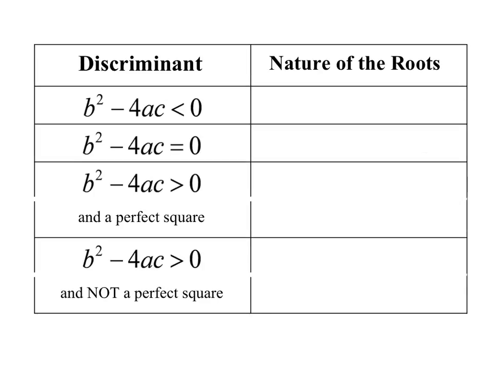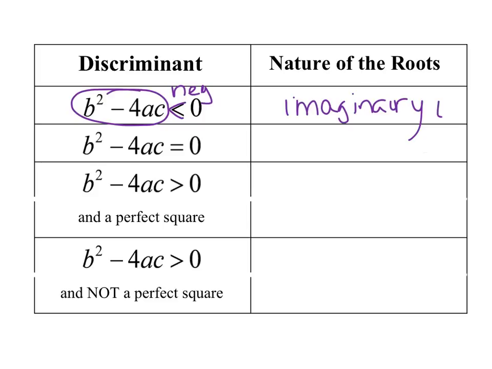But if the discriminant, so let's say this number I get is negative, so less than 0, that means the nature of the roots is imaginary. And that does make sense, hopefully, to you, because you get an i if the thing under the radical is negative.